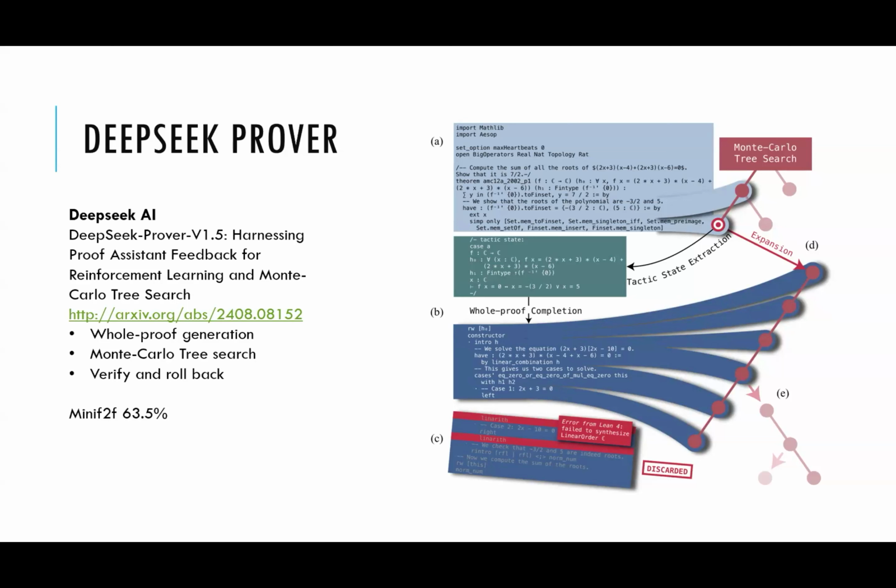This means that at the same time as you do the tree search, you can iteratively update your generator until it gets to a very good state. So it has very good performance. It reached a very high miniF2F score of 63%, which was very impressive in 2023, which is last year, maybe in May 2023.